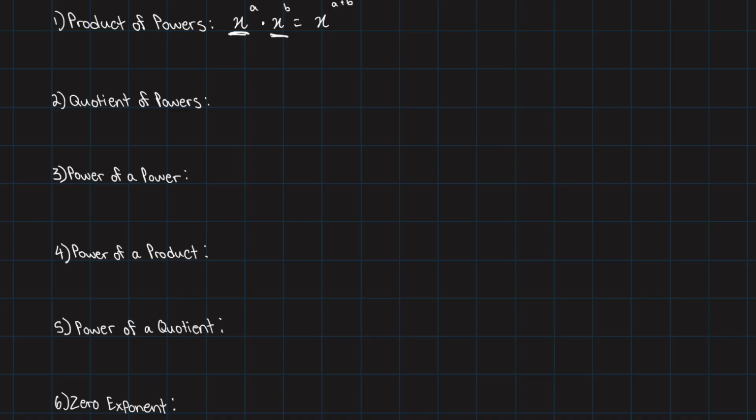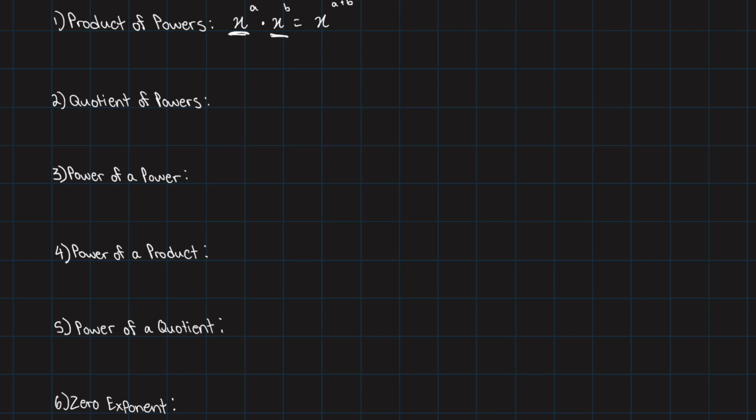But if the bases are different, like let's say we had x to the power of a times y to the power of b, this will literally just end up being x to the power of a, y to the power of b. This will not be xy to the power of a plus b. That is only if the bases are the same.